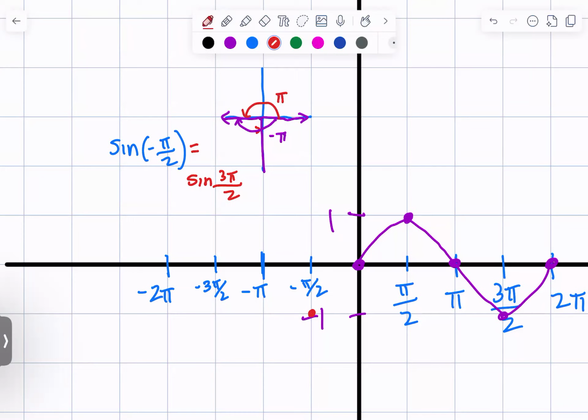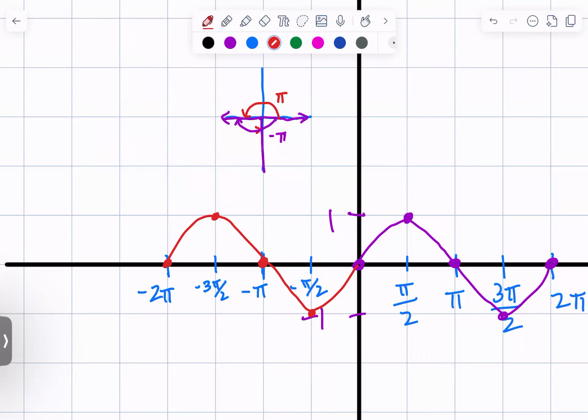So at positive pi it is 0. Negative 3 pi over 2 is the same thing as pi over 2. So the sine of negative 3 pi over 2 will be the same thing as the sine of positive pi over 2, which would be 1. Negative 2 pi is at 0. So here is the continuation of the graph.